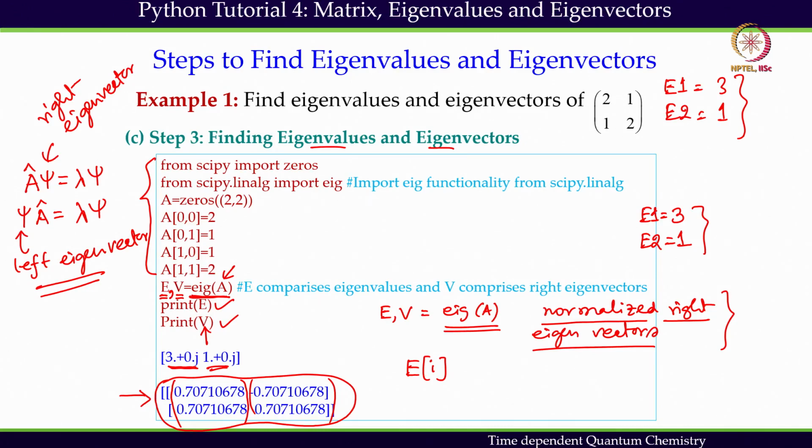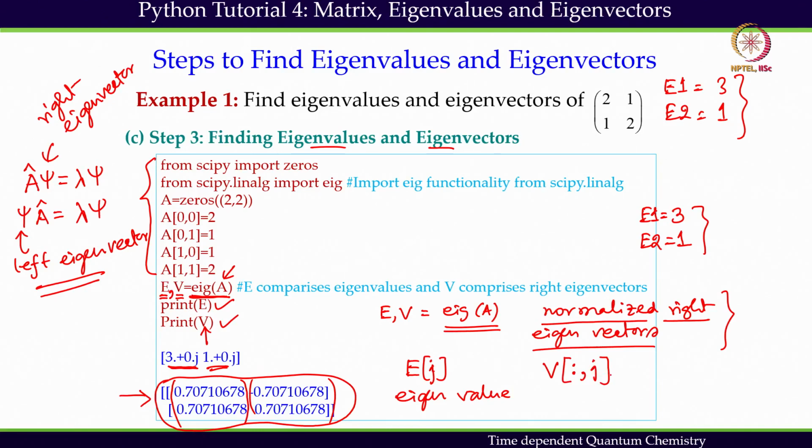And one can also access the normalized right eigenvectors in the matrix form, in which the jth column corresponds to the normalized right eigenvector associated with the jth eigenvalue. So, if this is the jth eigenvalue, then the corresponding eigenvector has to be represented this way, colon comma j.